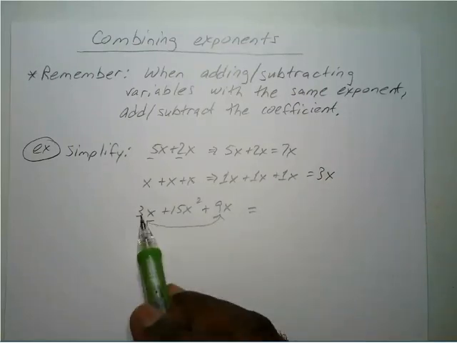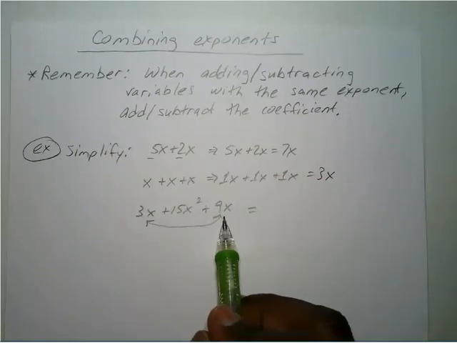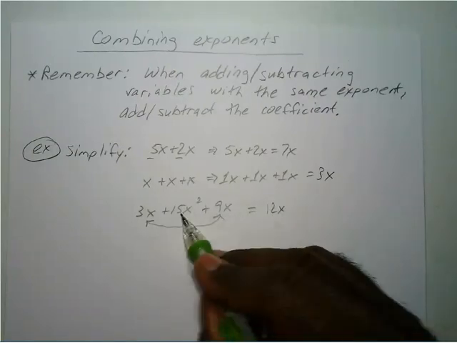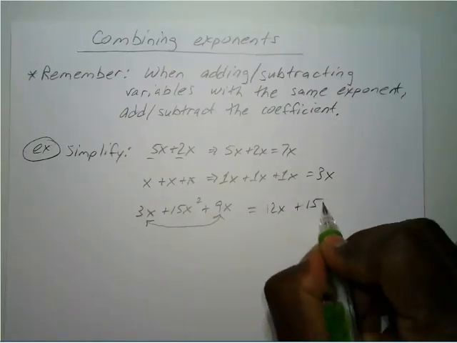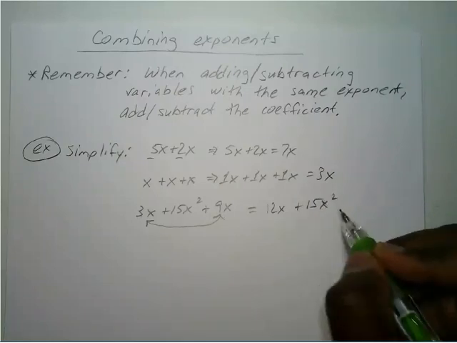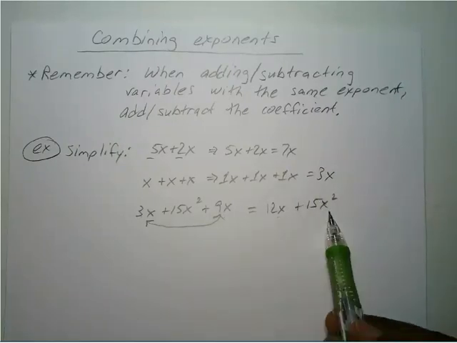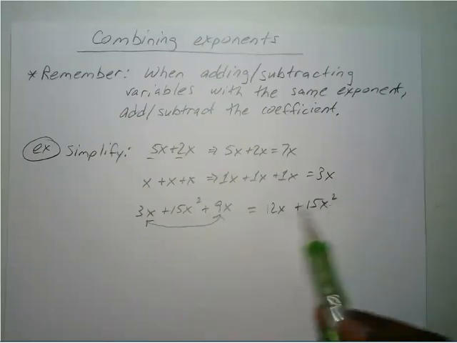So 3x plus 9x is 12x, plus 15x squared. You can't combine these two terms because their exponents aren't the same. Everything has to be the same in order for you to combine them.